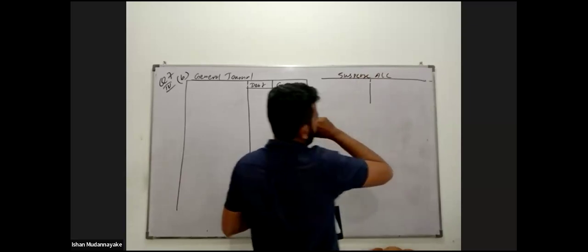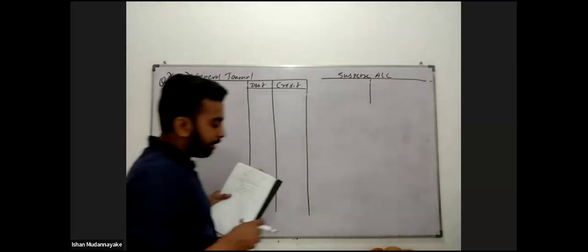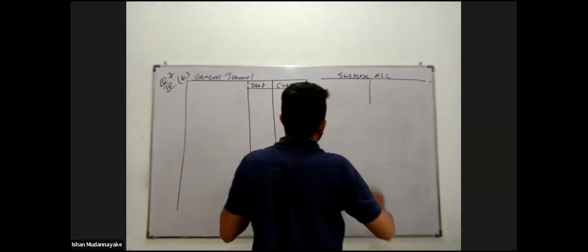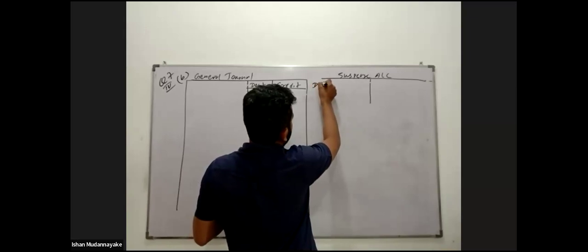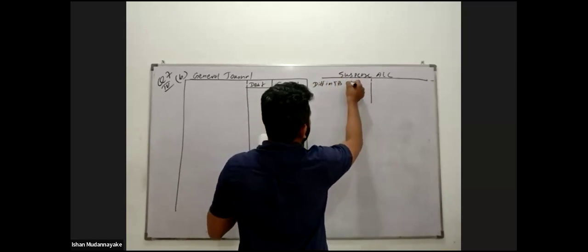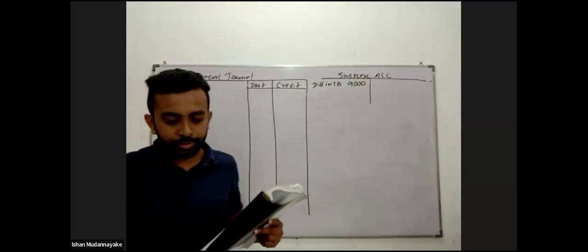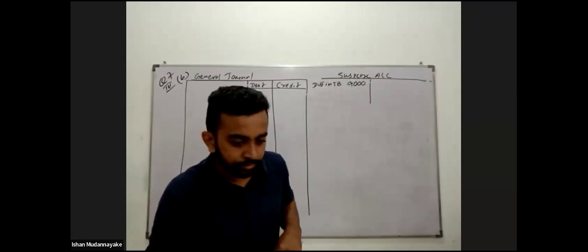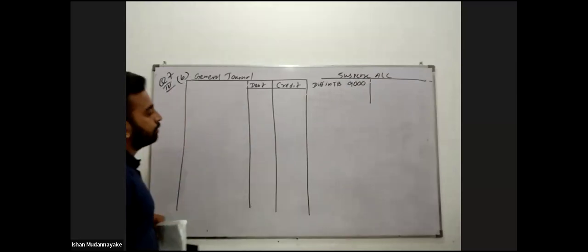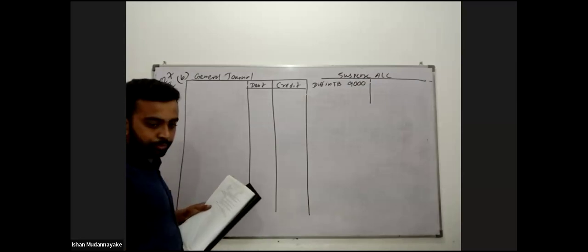The difference in the trial balance was debited to the suspense account: suspense account debit, difference in trial balance 9,000. Look at the question.